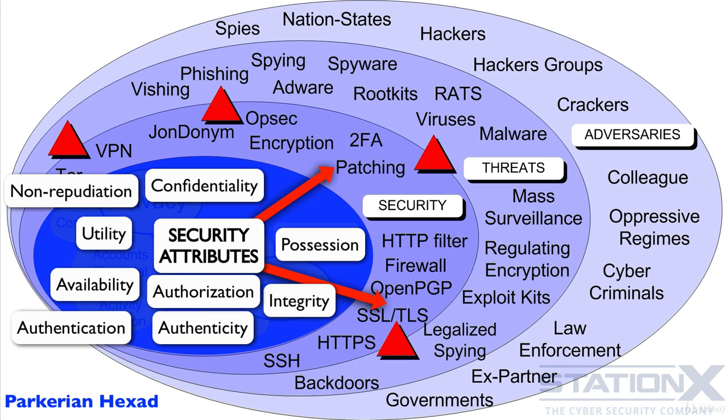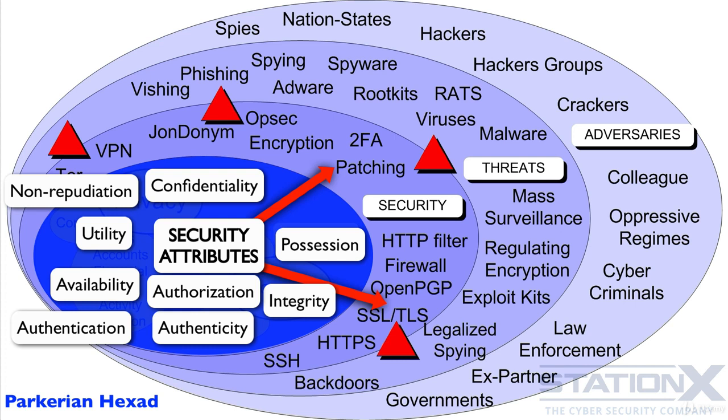If something is hashed, this can provide integrity. If something is digitally signed, this can also provide authentication, non-repudiation, and integrity. If something is encrypted and digitally signed, this can also provide confidentiality, authentication, non-repudiation, and integrity.